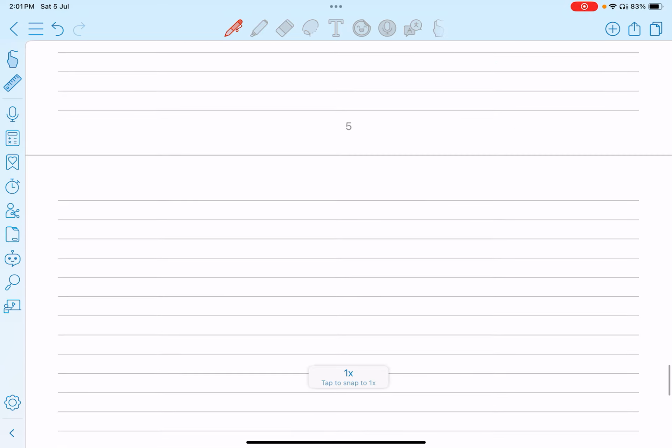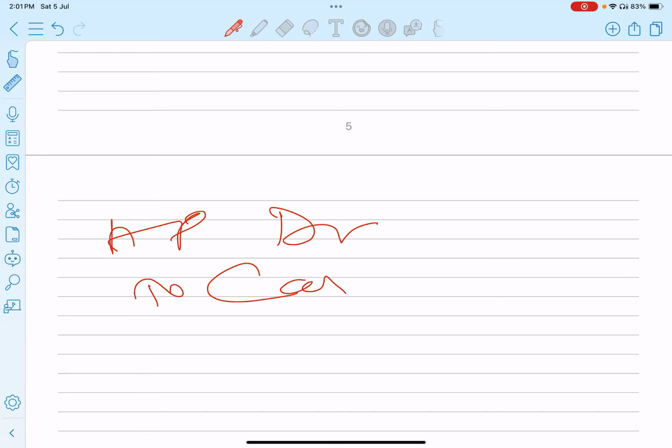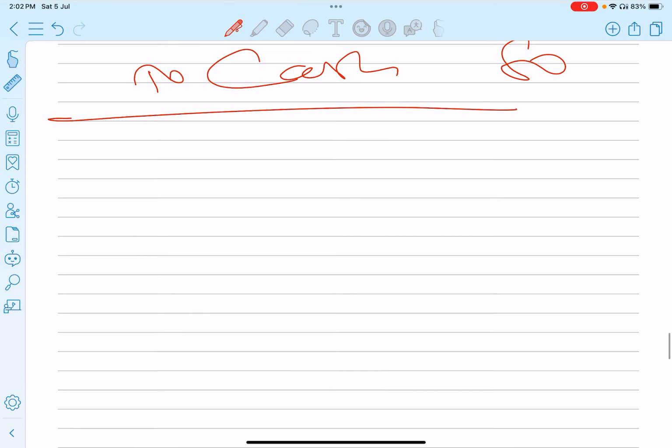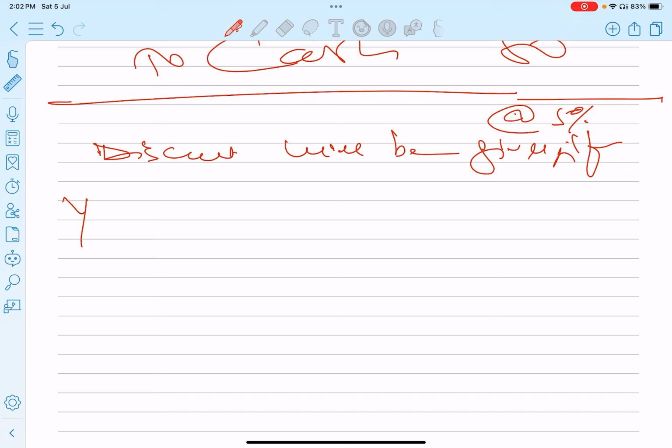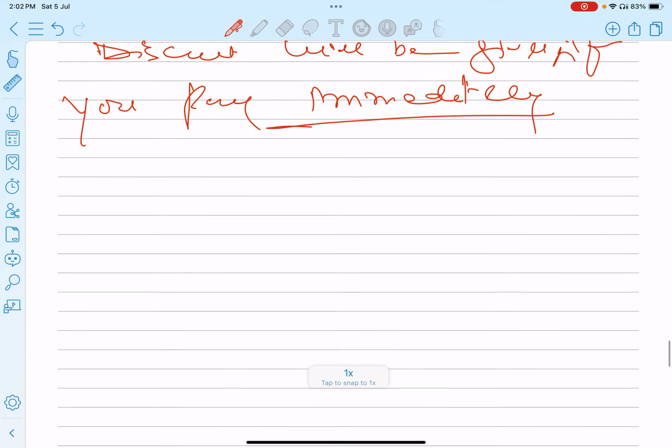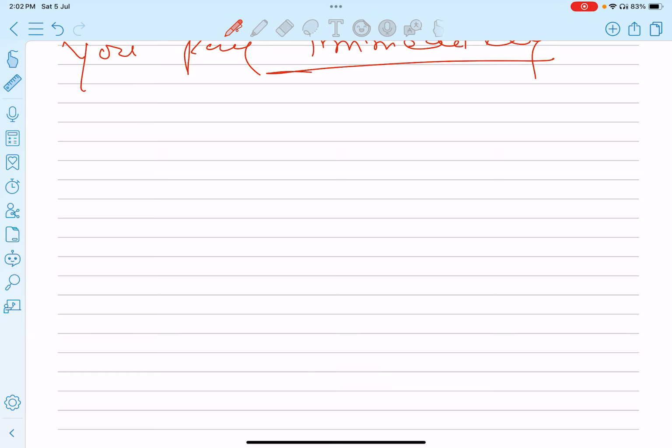Now you make the payment. So AP debit to cash 80. Now what happened here? You asked for some discount. So he agreed that a discount will be given at the rate of 5% if you pay immediately. Now you need to think whether you have to pay or not.